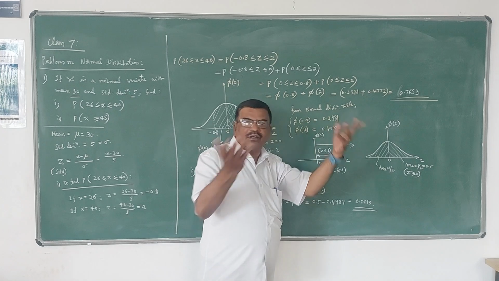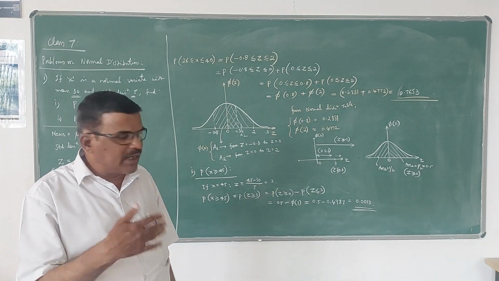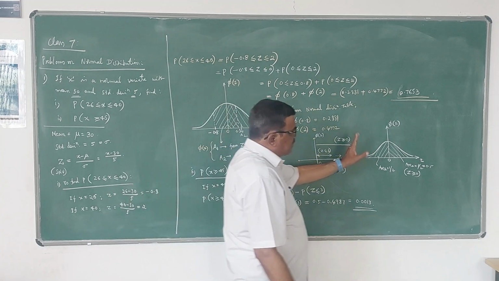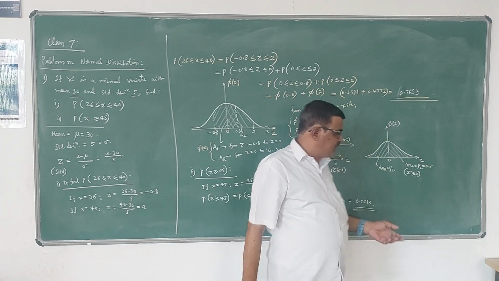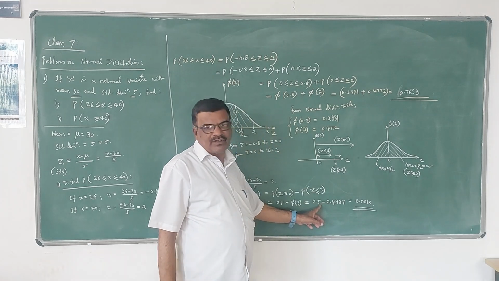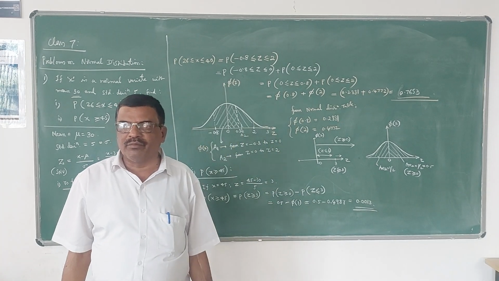If it is greater than or equal to, you have to convert it into less than or equal to by deducting that portion from the total area. The area to one side is half, so you deduct from 0.5. This is how a problem on normal distribution is done.